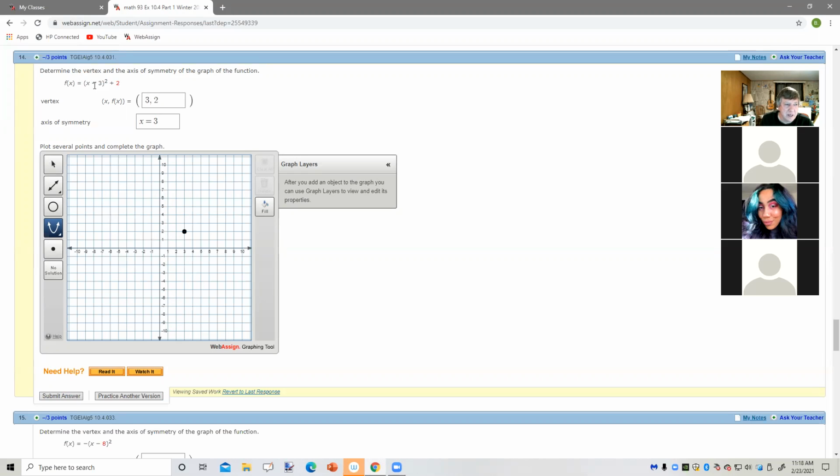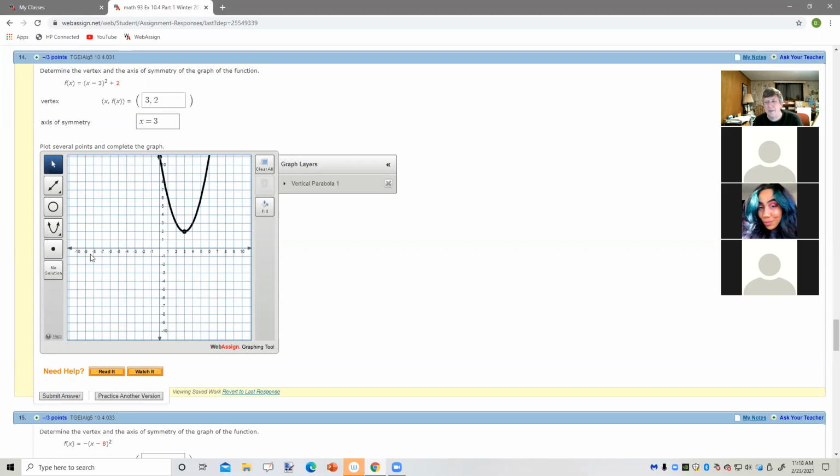What's negative 3 squared? 9. What's 9 plus 2? 11. So when x is 0, y is 11, right? So that's another point on the graph, (0, 11). I'm going to click there, and there's my parabola.